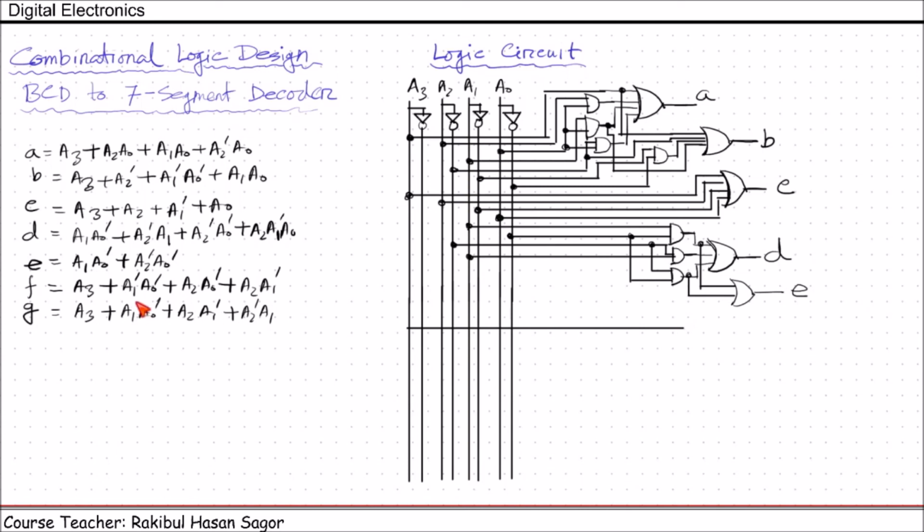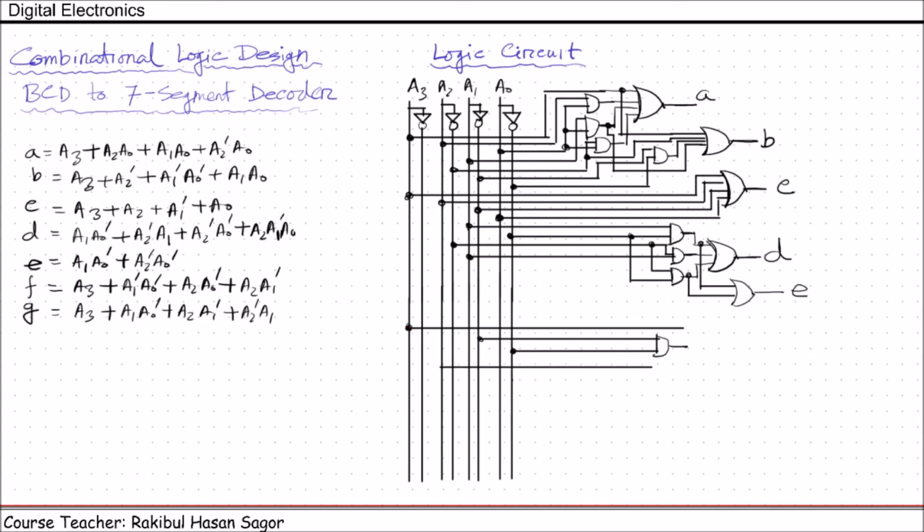Next, we need to have A3 plus A1 prime, A0 prime. We can take it from here, but I am redrawing it here in order to make a cleaner picture. So A1 prime, A0 prime. They will pass through AND gate. They are connected. Next, A2, A0 prime.